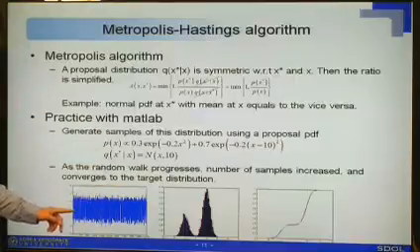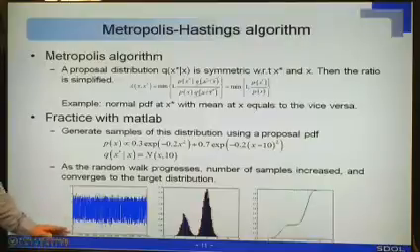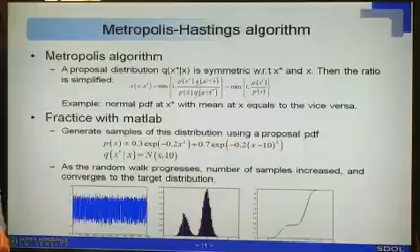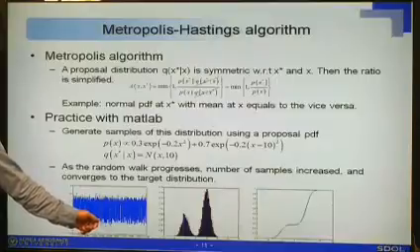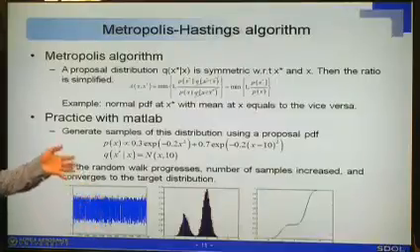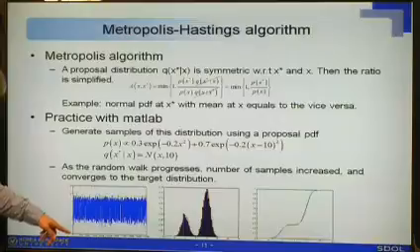The first figure at the bottom represents the so-called trace plot of the variable x. The horizontal axis represents the iteration. I told you we have 10,000 iterations, so 0 to 10,000 it is.